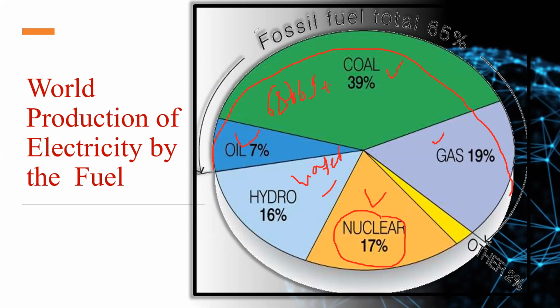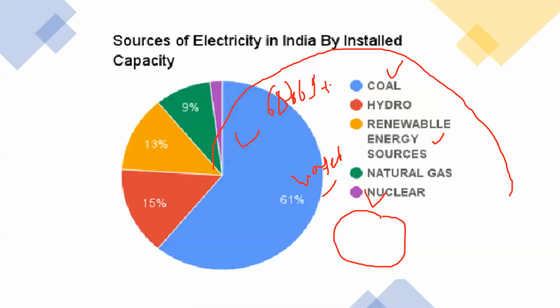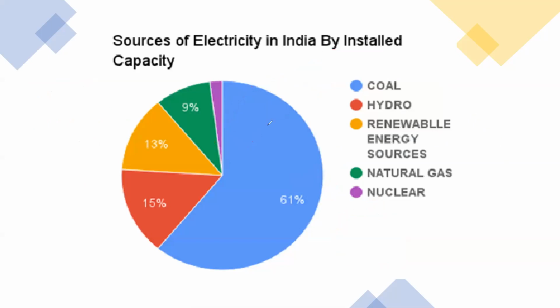Now we see India. In India, the biggest fossil fuel present on Indian land is coal.